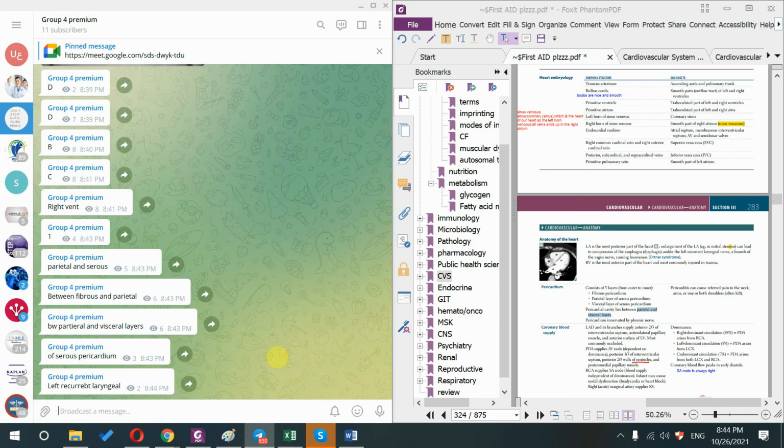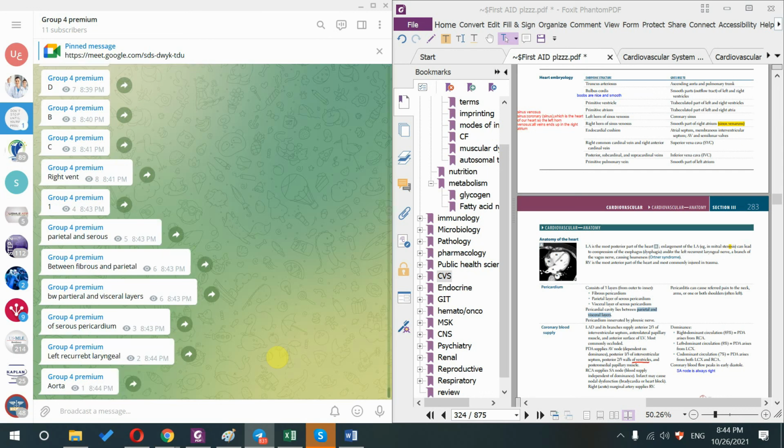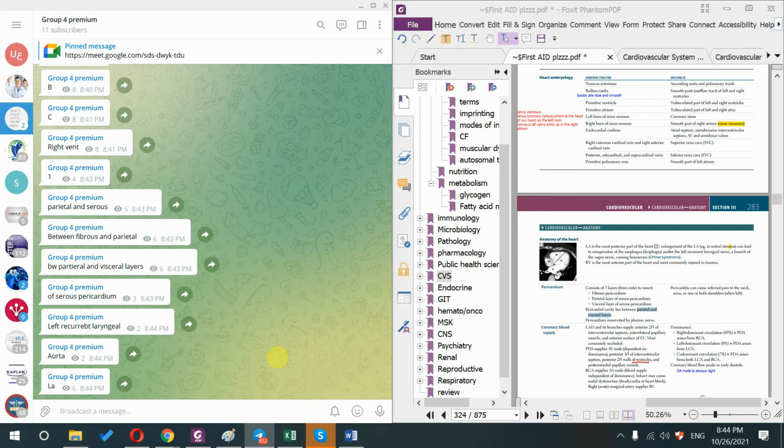Yes, it's affecting the left recurrent laryngeal nerve. And can someone tell me what the left recurrent laryngeal nerve goes around? What structure does it go around? Exactly, the aorta. What about the right one? What does the right one go around?